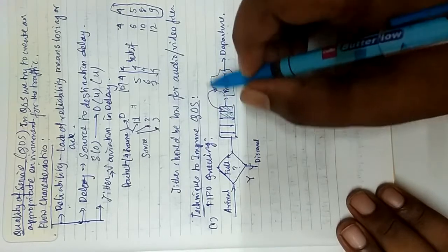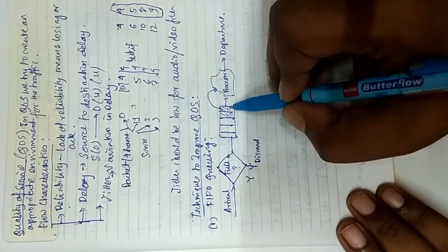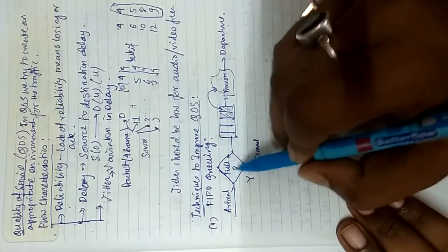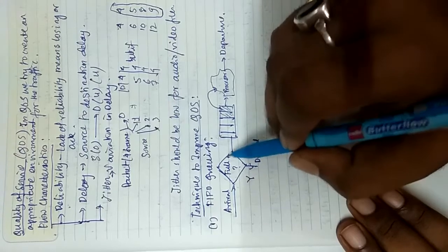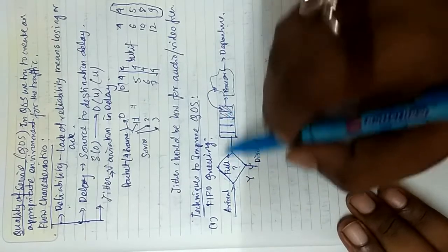So this is first in first out. The first packet comes, then the next packet will come. If it is not full, it will go to the queue, and if it is full, then the rest of the packets will be discarded. So it is called FIFO queuing.